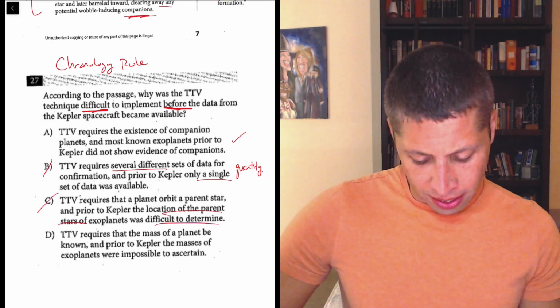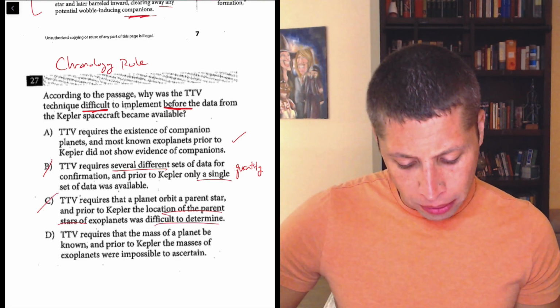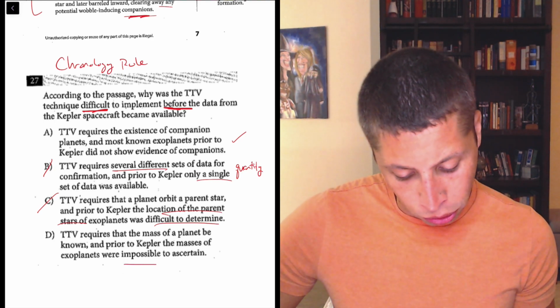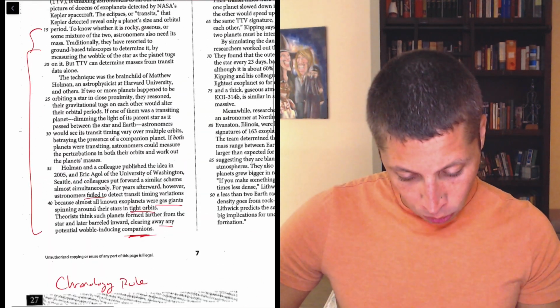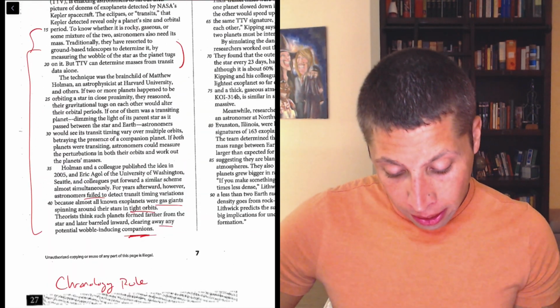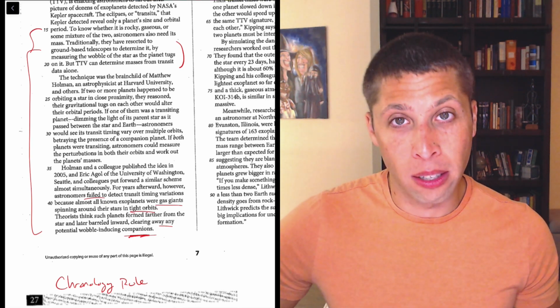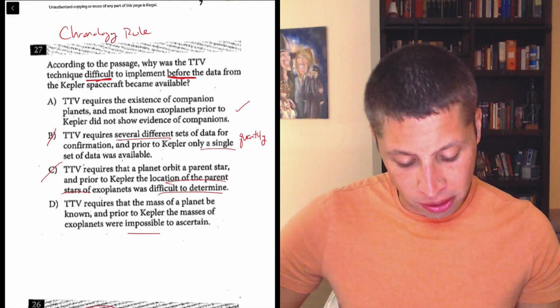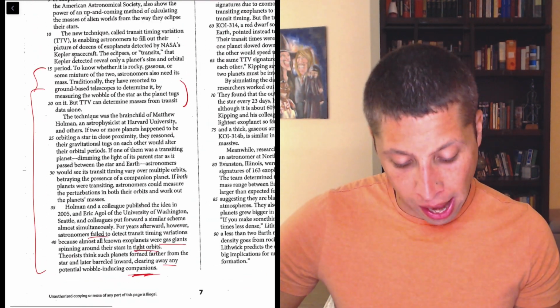No. D. TTV requires that the mass of a planet be known, and prior to Kepler, the masses of exoplanets were impossible, oof, so strong, to ascertain. Well, I know why some people pick that. We did read that up here. This is a little bit of a trap, right? They're talking about the stars and using ground-based telescopes. But notice what the choice is saying, that it was impossible to ascertain the mass.